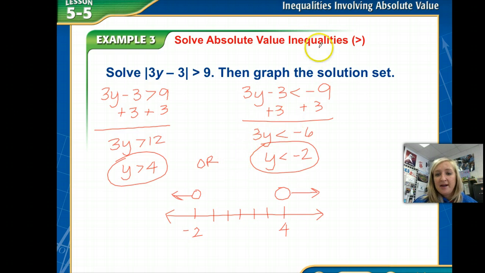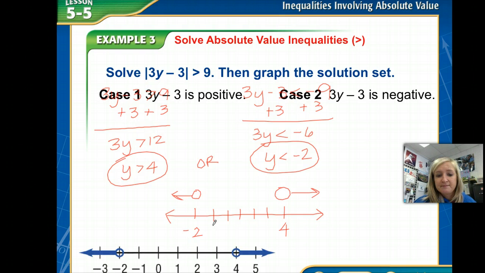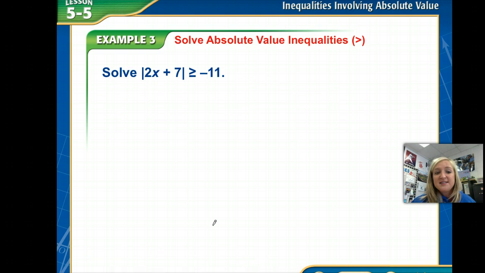So again, our inequalities that are greater than, our ors, are unions, and they're going to go in the opposite direction or the exact same direction. And as you can see, the graph I had there is the exact same as what I created up right above it. All right, let's move on.